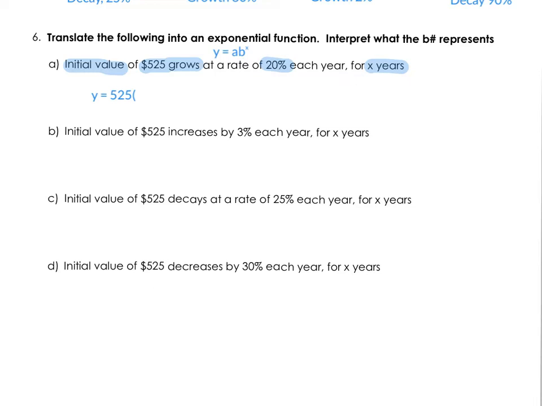So that means we're starting with the 100%, 1, and we're adding 20%, so 0.20. So 1 plus 0.20 is where that comes from, raised to the x power. And then we could rewrite that by combining the 1 plus the 0.20 to write it as 1.20.